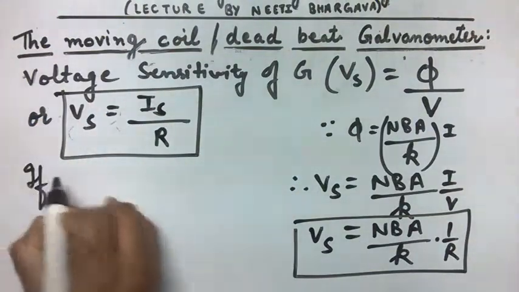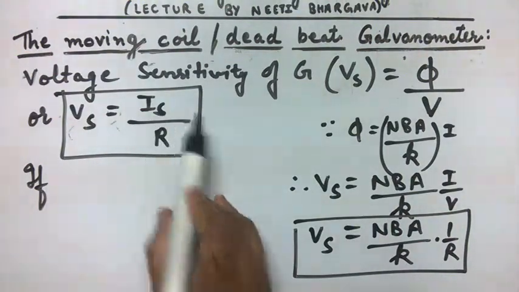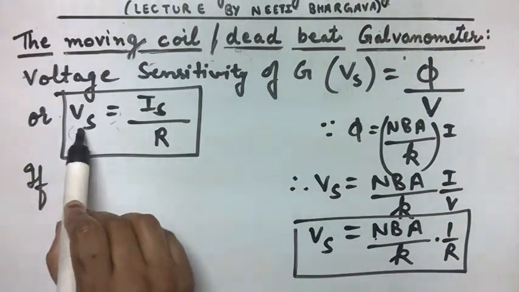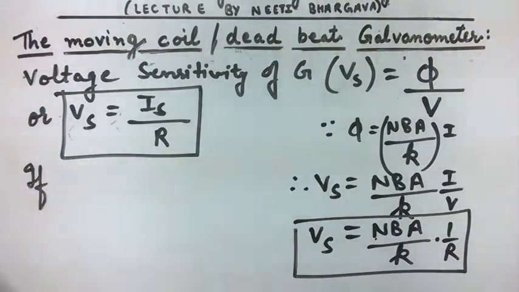If we increase current sensitivity by increasing the number of turns, it doesn't mean that voltage sensitivity will also increase.